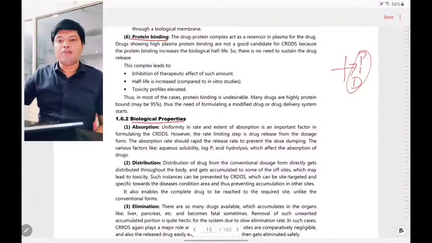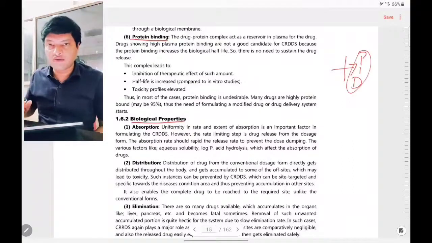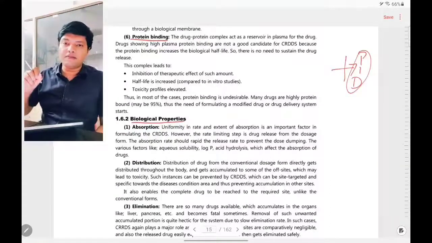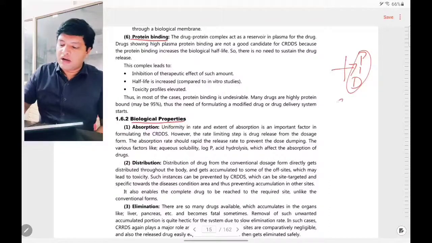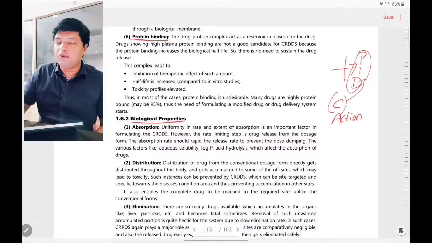If it has more protein binding, then the drug available for action will be less. The concentration of drug available for action will be less, because more drug is bound to the protein.